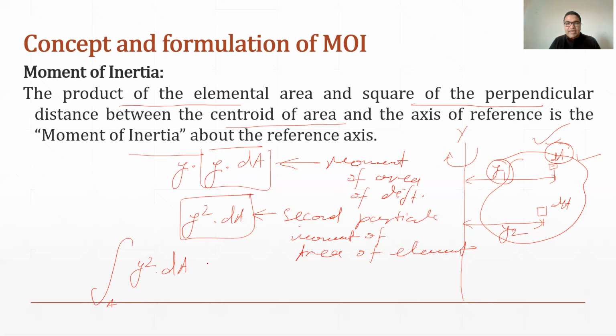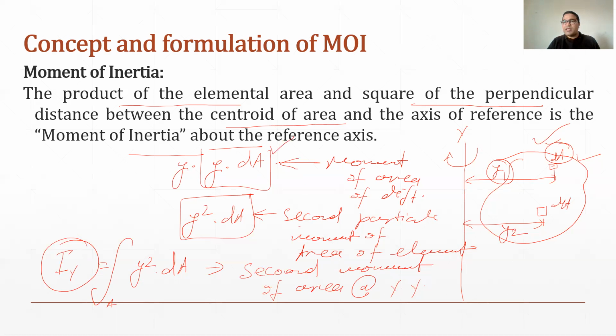So this becomes the second moment of area of the whole body about the y-axis, which becomes Iy. I'm representing this as the second moment of area, and second moment of area is nothing but the moment of inertia. That is how we can formulate the moment of inertia in this case.